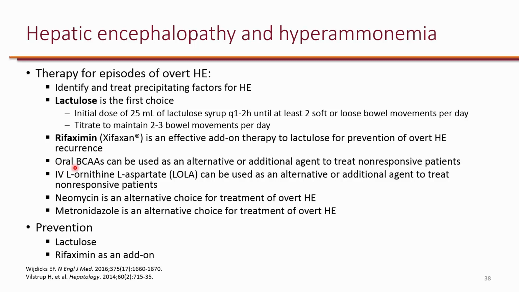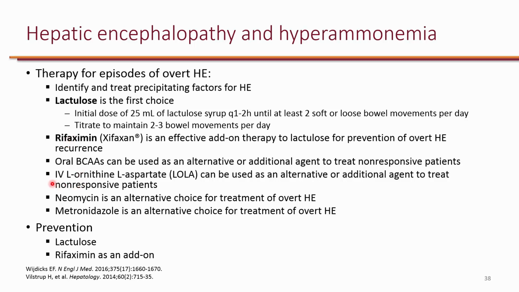Other things that we have limited data for is, for example, oral branched-chain amino acids. They can be used as an alternative or additional agent to treat non-responsive patients, especially if the patient cannot tolerate lactulose or rifaximin because of diarrhea, or rifaximin is expensive.